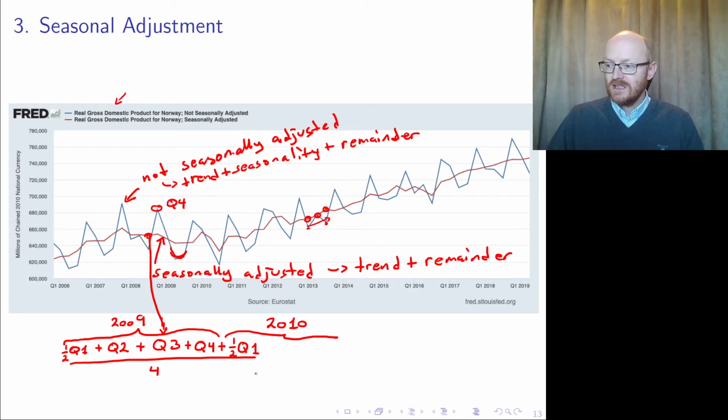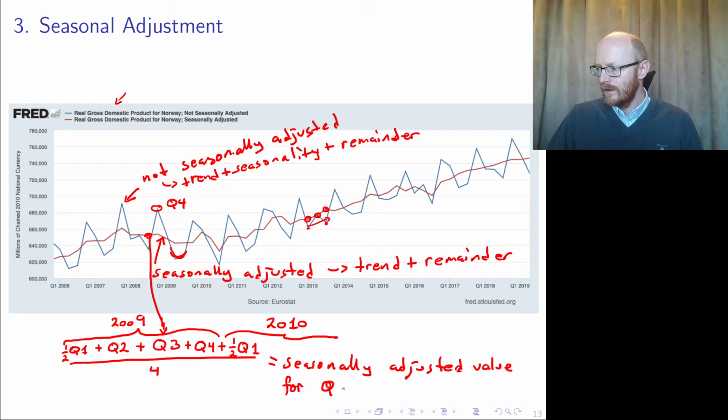And then you would actually get the seasonally adjusted value for Q3 in 2009.